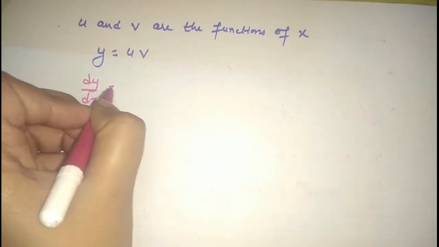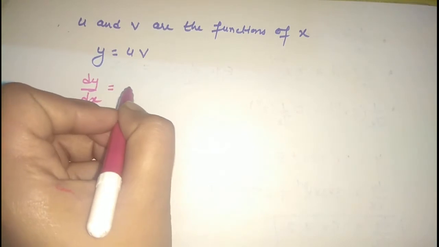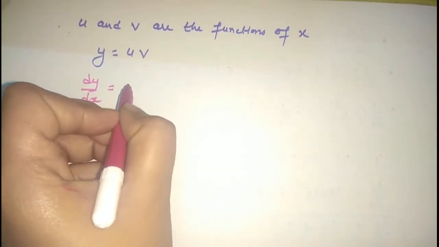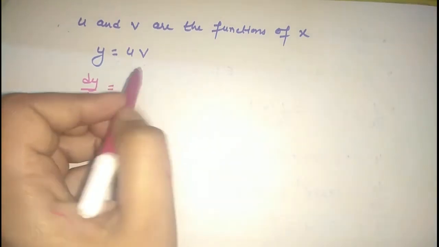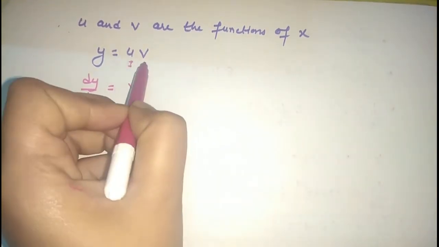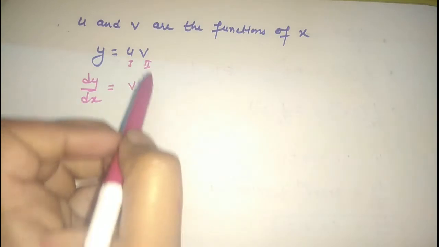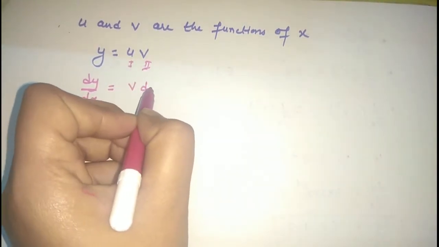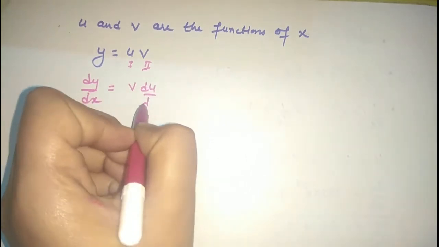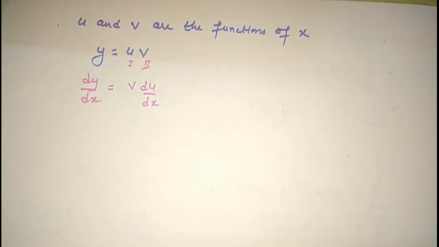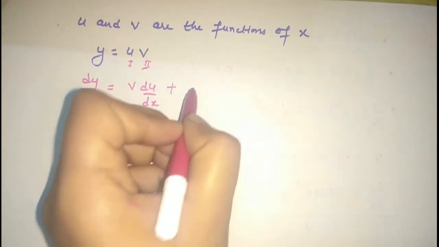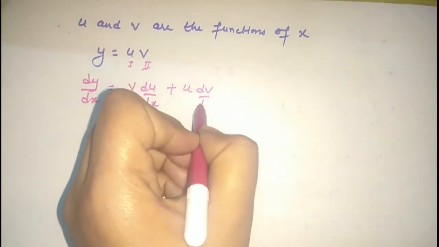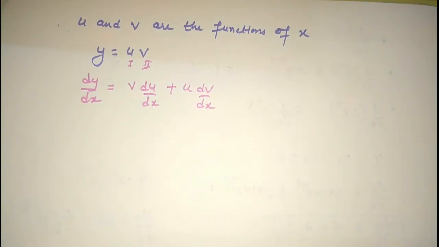So what is the formula? Firstly write v as it is, this is the first function and this is the second function. Clear? Write the second function as it is and find the derivative of first, that is du upon dx, plus write the first function as it is and find the derivative of the second function. Clear?